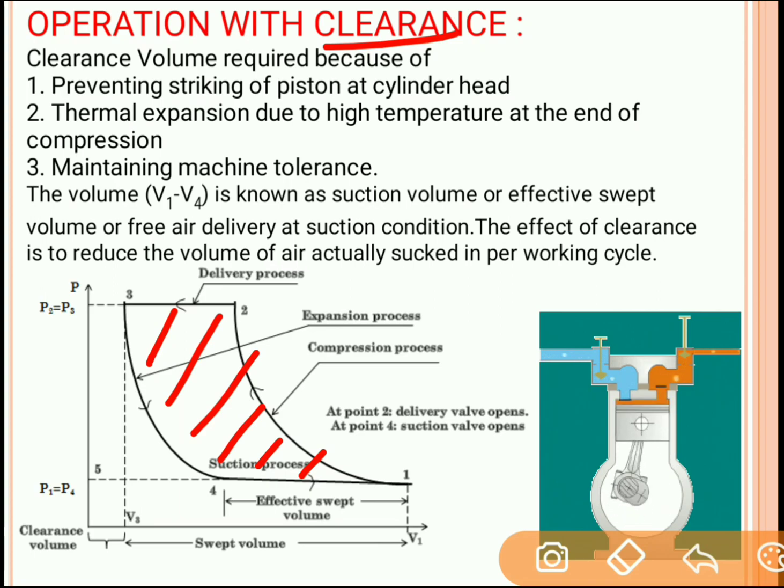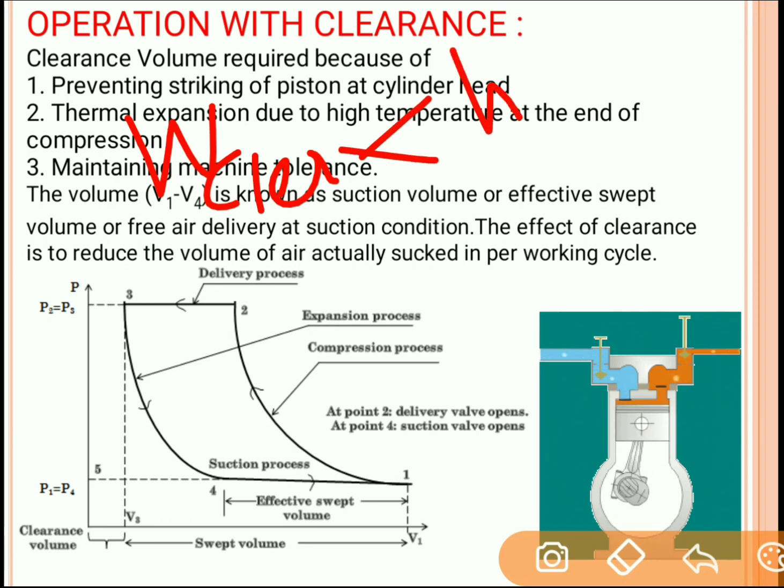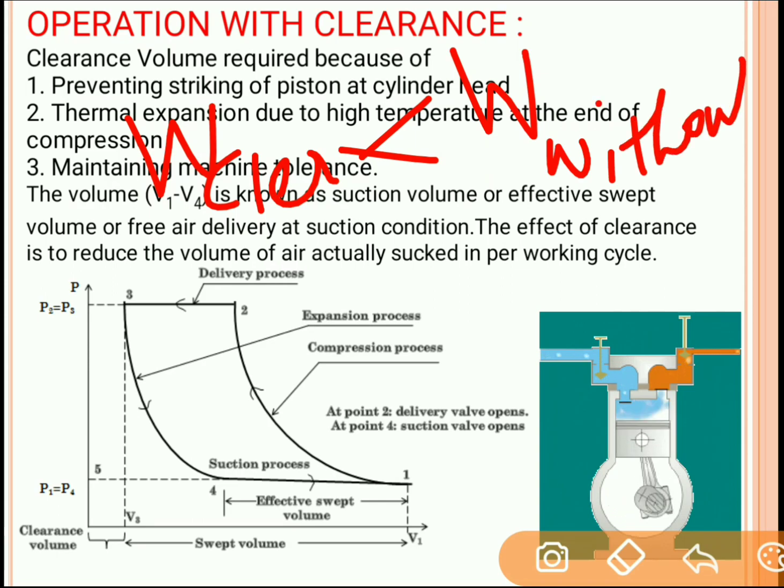It means when the compressor is operated with clearance, it will consume less work as compared to that without clearance. So work done with clearance is less as compared to work consumption without clearance.